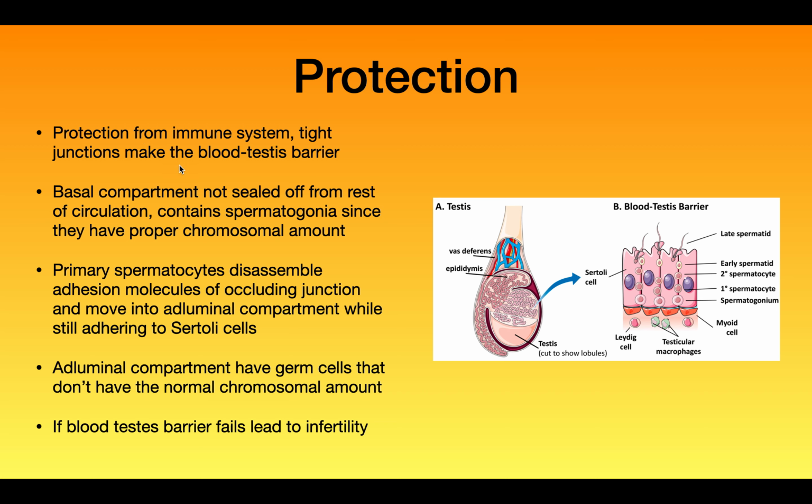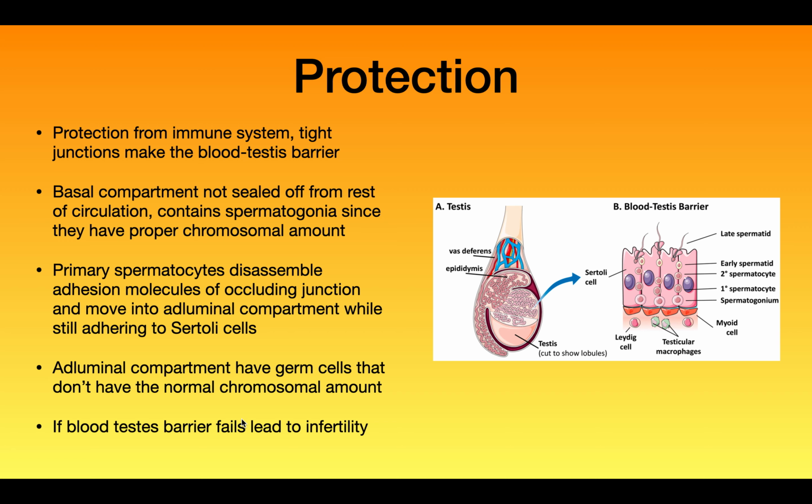They form two different compartments, a basal compartment, which will have the spermatogonia because they have a proper chromosomal amount, and then the other compartment, the adluminal compartment, has the germ cells that don't have the normal chromosomal count, and that is completely sealed off from the body because the body will attack these cells, leading to a sort of autoimmune response.